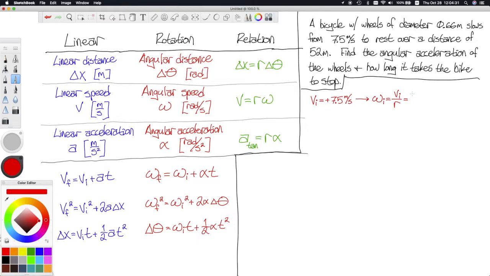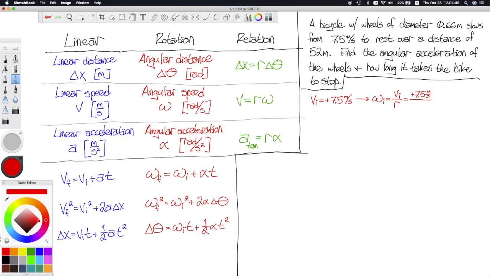Our initial linear velocity was that positive 7.5 meters per second, and we want the radius of the thing that's rotating. For an object that rolls without slipping, the value you need here is the actual radius of the object.